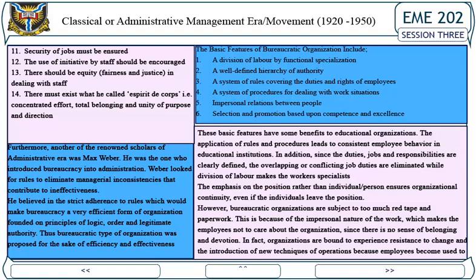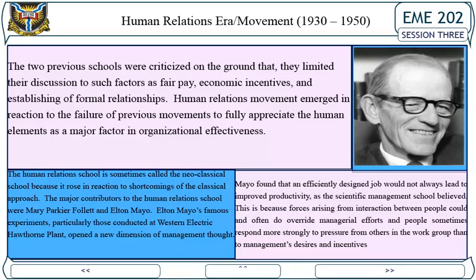The basic features of bureaucratic organization include: 1. A division of labor by functional specialization. 2. A well-defined hierarchy of authority. 3.